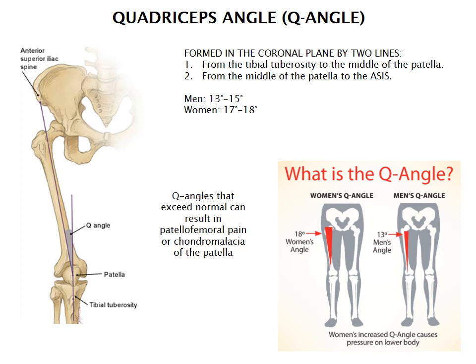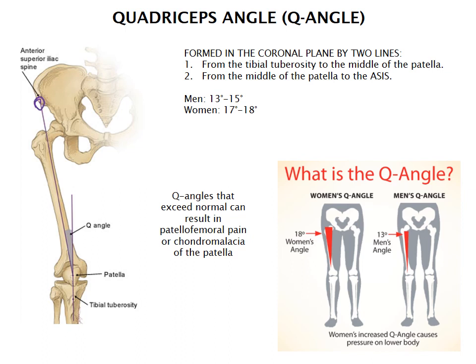Highly related to coxa vara and coxa valga, and thus genu valga and genu vara, is the Q angle. So what is the Q angle? The Q angle is a measurement that we take in the clinic that relates the angulation of the femur to the angulation of the tibia. And so here we see a way that this is measured.